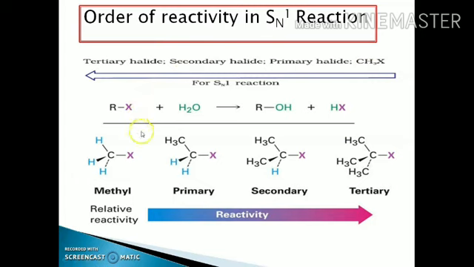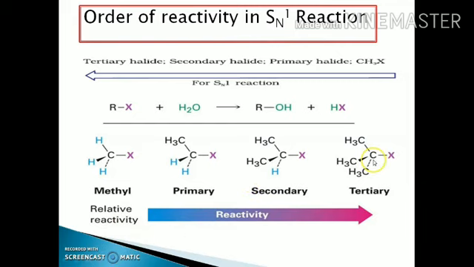This can be explained on the basis of the stability of the carbocation, as SN1 reactions purely depend on the formation of the carbocation. It means the order of the reactivity of the SN1 reactions is decided by the stability of the carbocation.